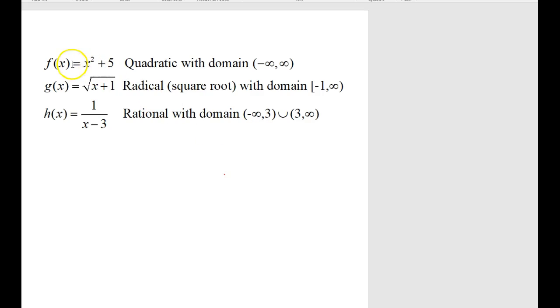So what happens when we add f of x and g of x? If we look at what the formula itself looks like, we see that we still have that quadratic part, and now we have that square root part. So we still cannot include anything less than minus 1, but this value of x can be anything still.